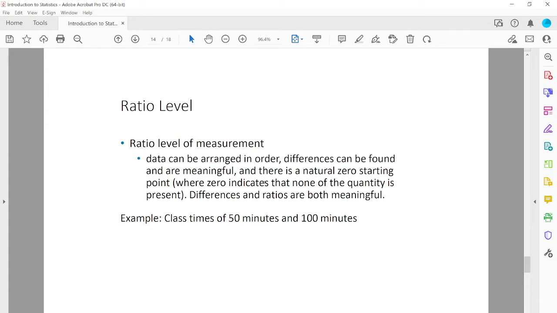For example, a 50-minute class, or 100-minute class, or 120-minute class. Data can be arranged in order. Differences can be found and are meaningful. And there is a natural zero starting point. So we can compare this data. A 50-minute class time is less than a 100-minute class time, which is less than a 120-minute class time.